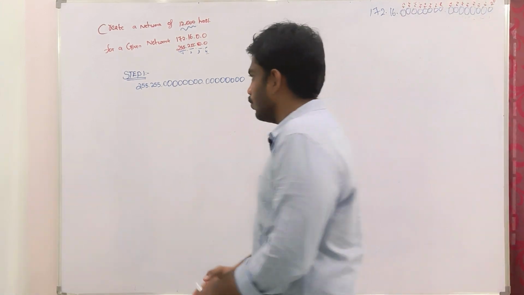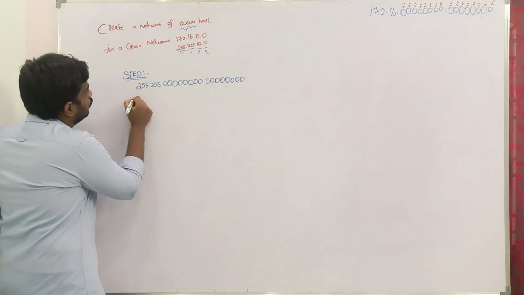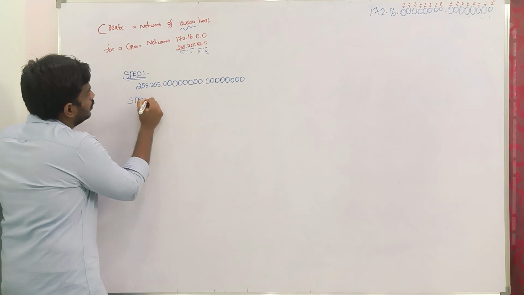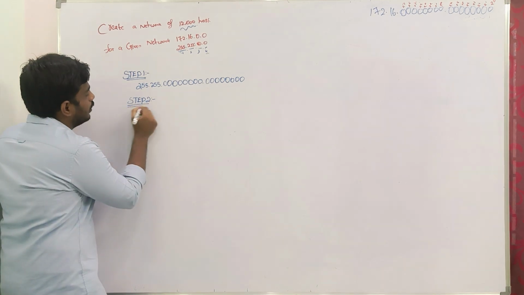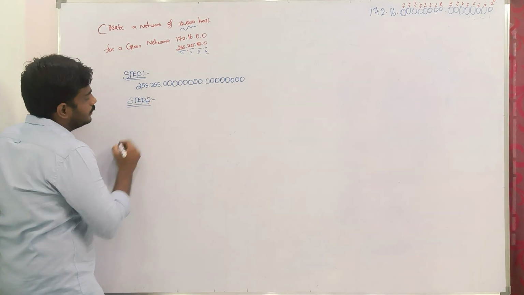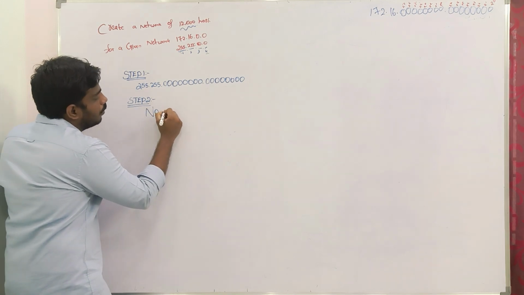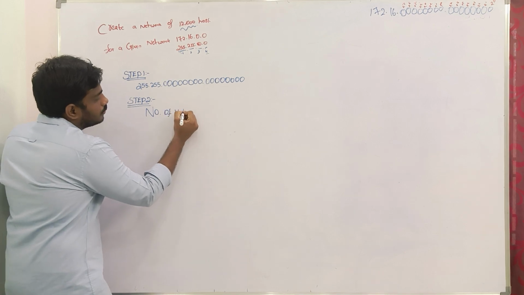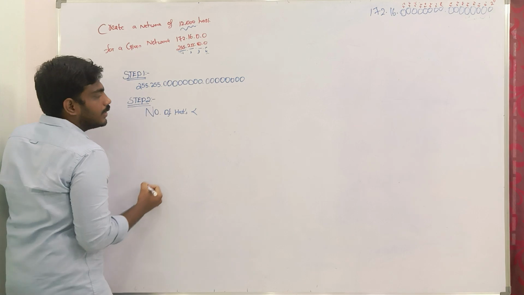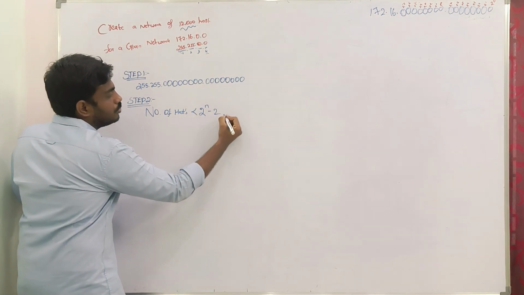Now go to step 2. In step 2, we have to satisfy one condition, which is that the number of hosts should be lesser than 2 power n minus 2.